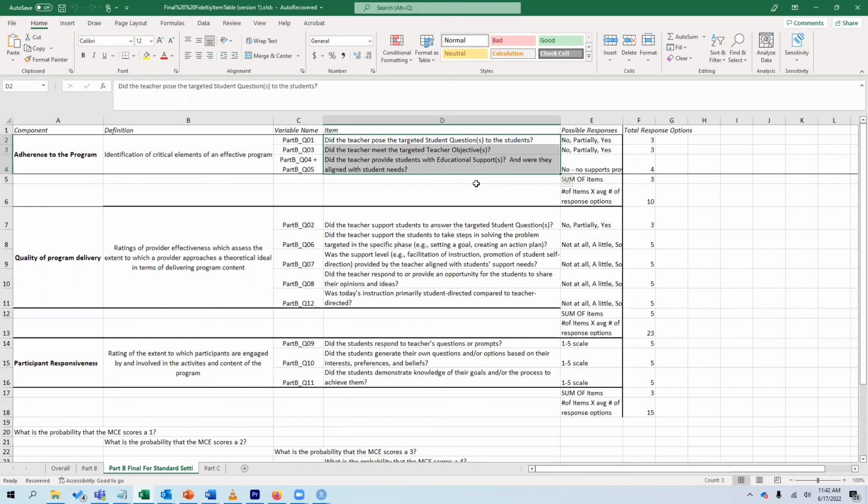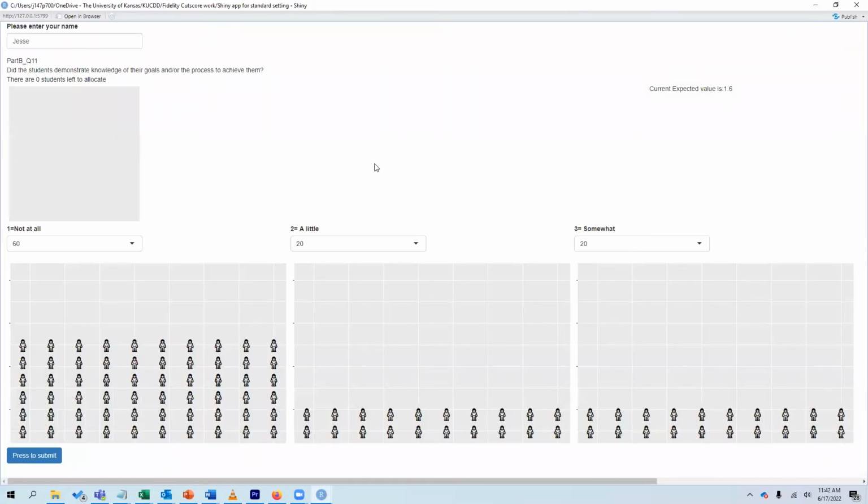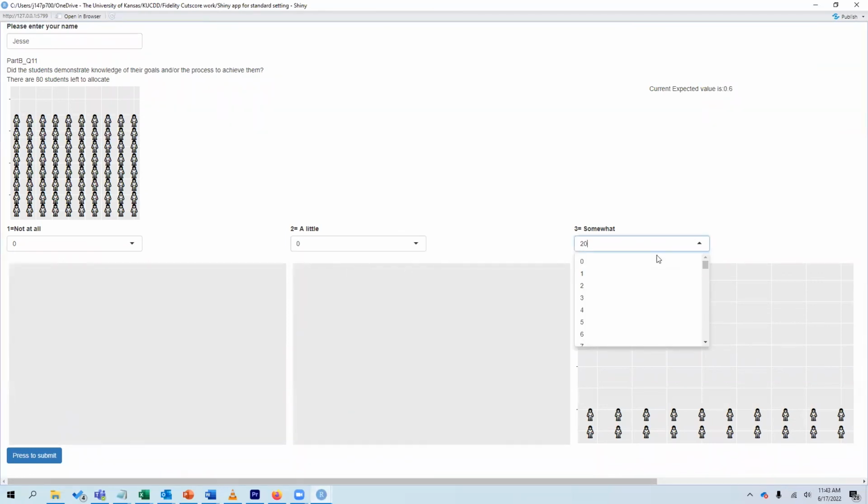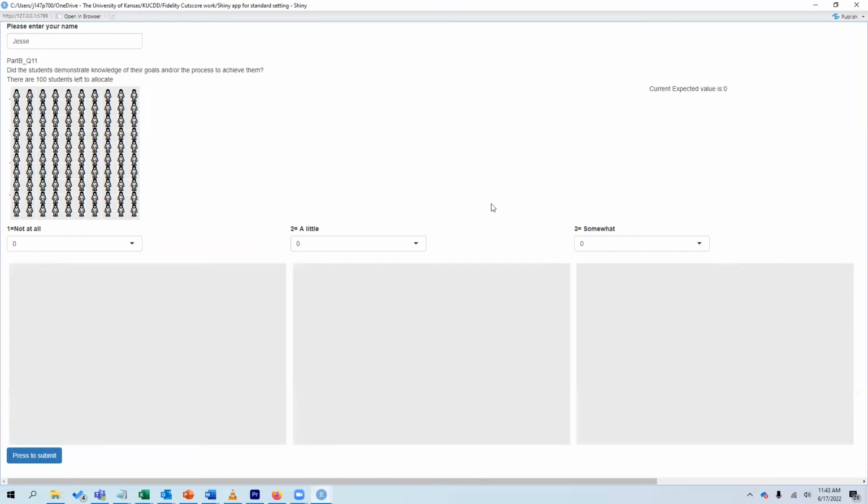So let me give an example of this. Let's say that we take 3 items, for a hypothetical domain. Could be one of the domains we're talking about, might not be. Let's say we just have one judge, so think about yourself as the only judge determining the cut score.